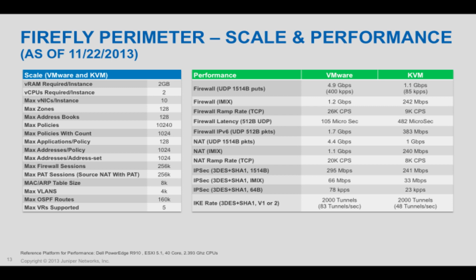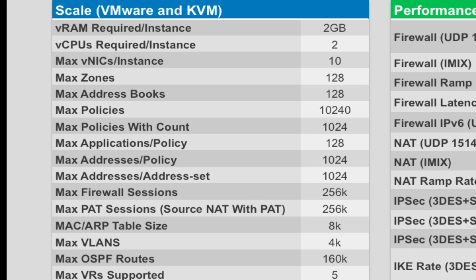But for pretty much the majority of use cases that are out there, this performance footprint is really good and is going to meet those use cases. There are extremes that will always exist, and for those we recommend physical gear, right? The Firefly Perimeter is not trying to be an SRX 5800 in a VM. This is not what we've built and released at this point.